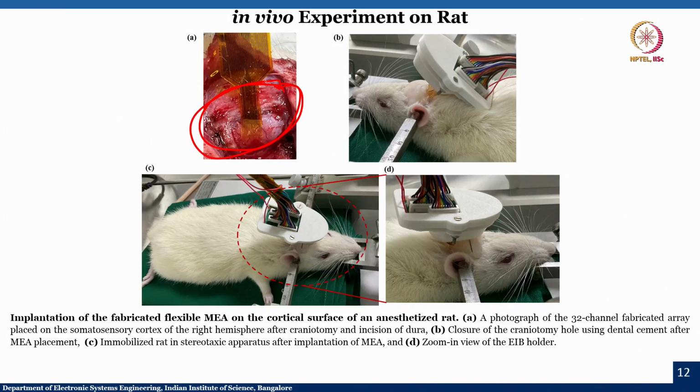Is this a photograph of the actual device? B is the closure of the craniotomy hole using dental cement after MEA placement. Next is the immobilized rat, you can see here, the rat is immobilized in the stereotaxic apparatus after implantation of the MEA, with a zoomed in view of the EIB holder.